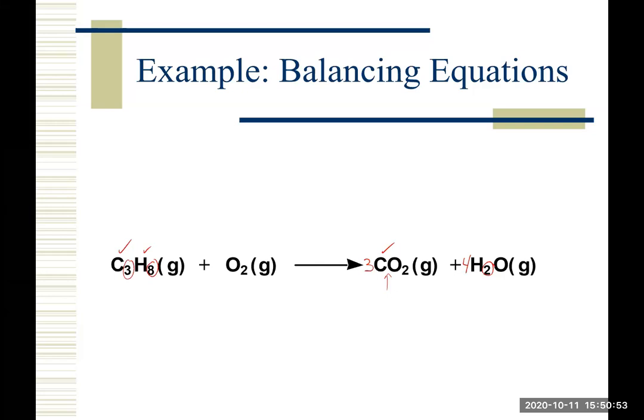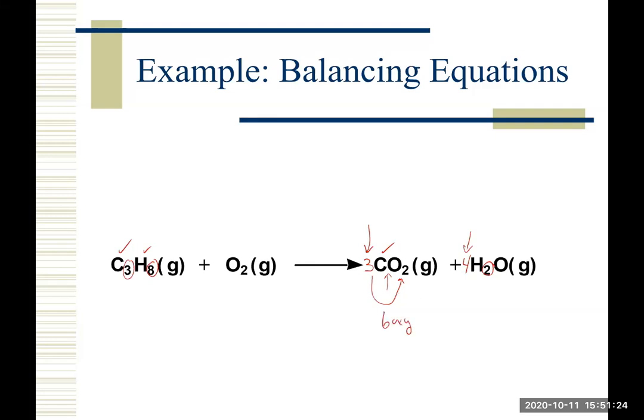And lastly, we're going to look at oxygen. We look at oxygen last because, as you can see, by adding this 3 stoichiometric coefficient and this 4 stoichiometric coefficient, we've influenced the number of oxygens we have in both of those compounds. In fact, if we look at CO2, we have 2 times 3, which gives us a total of 6 oxygens.